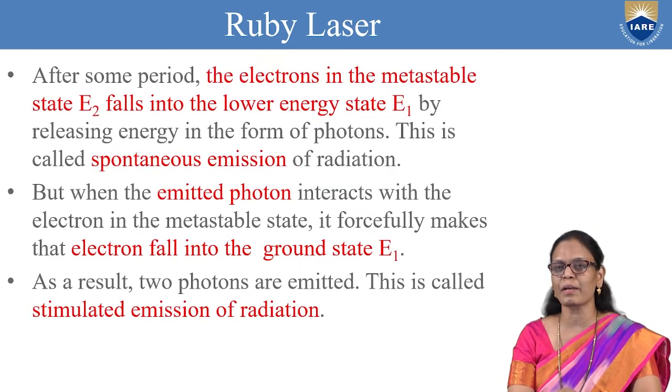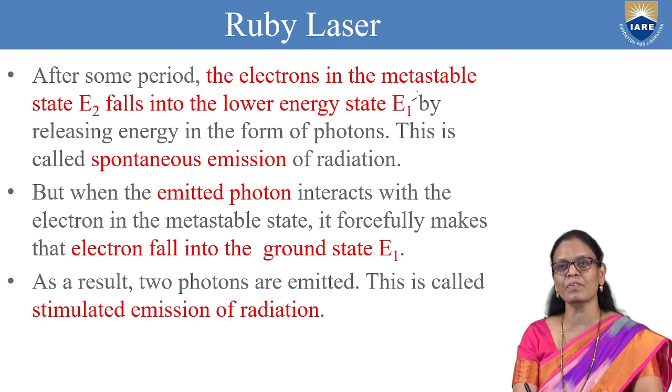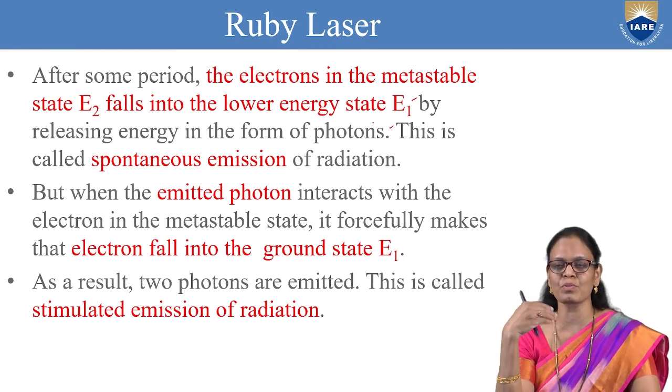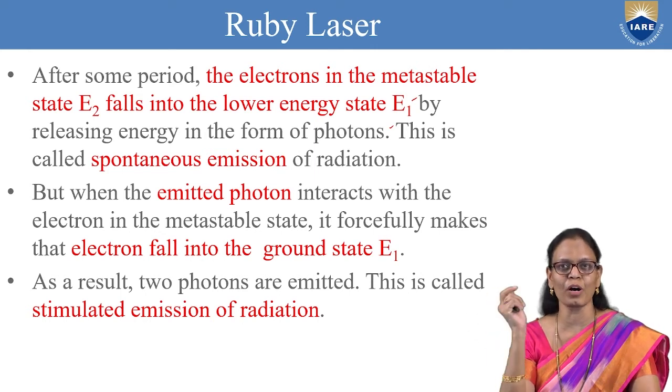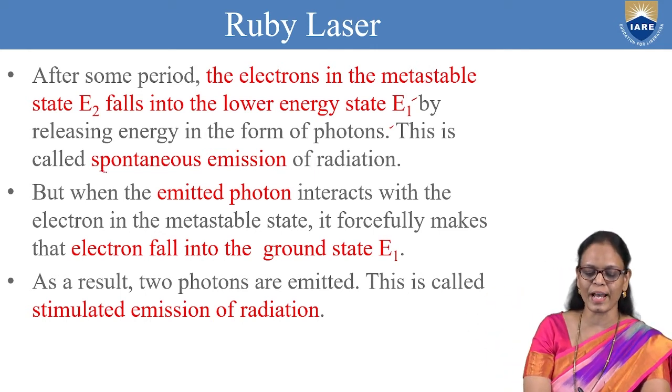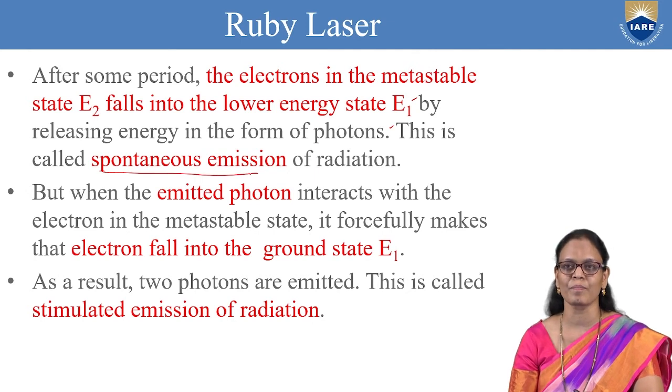So, after some time, what happens? The electrons in the metastable state E2 fall to the lower energy level E1 by releasing energy in the form of photons. So, naturally, when they come from E2 to E1, the difference in energy is emitted in the form of photons, and we call it spontaneous emission.